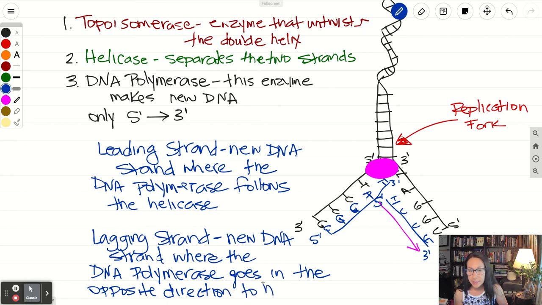And because it is going in the opposite direction, it is making the DNA in fragments.